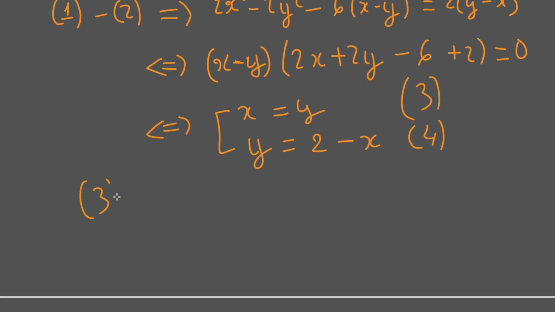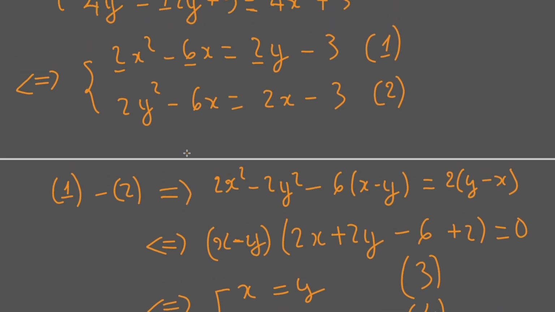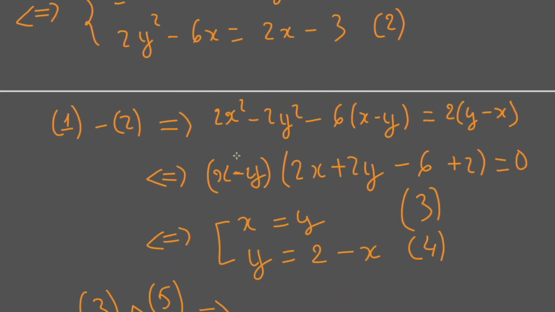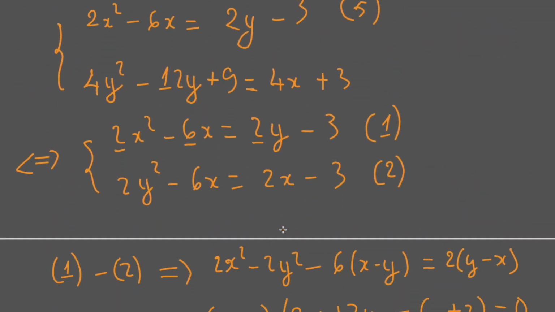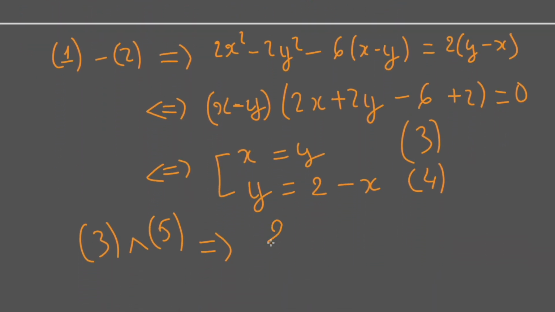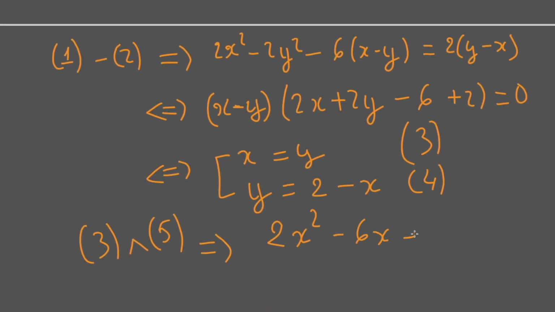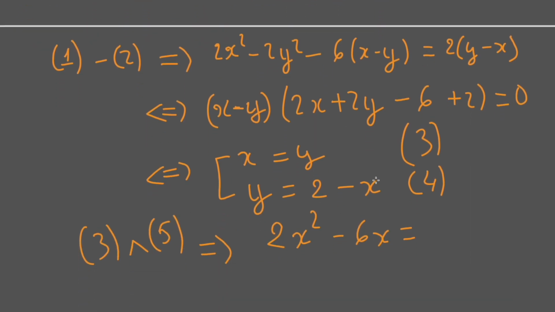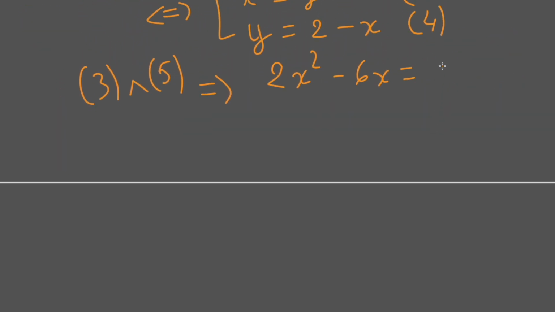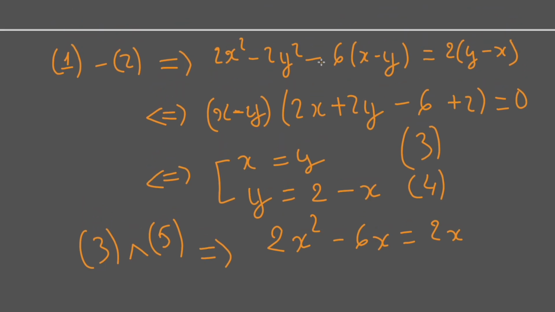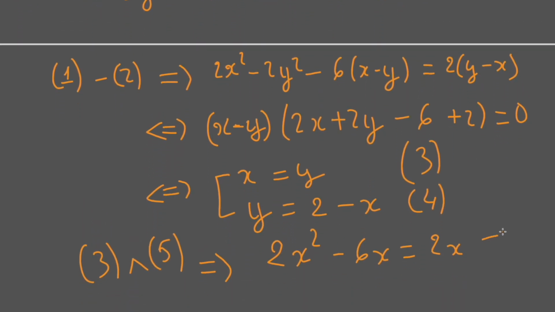From 3 and 5, we will have the first equation, 2x squared minus 6x equal to 2y, which means 2x in this case, minus 3.